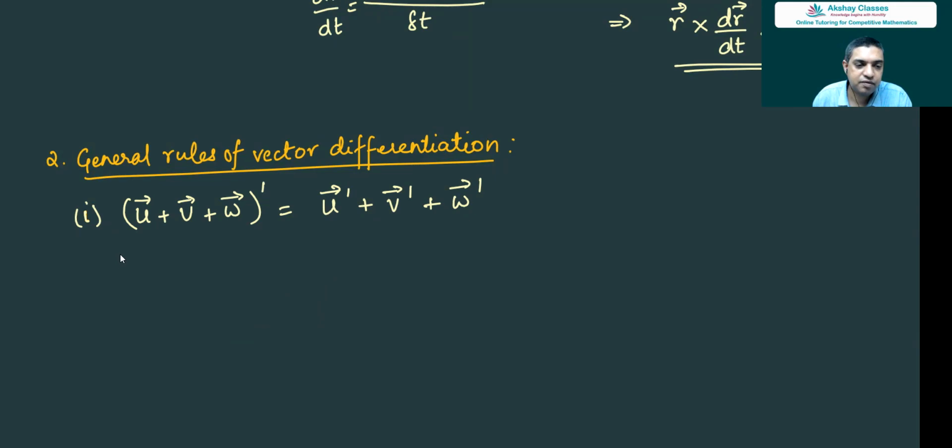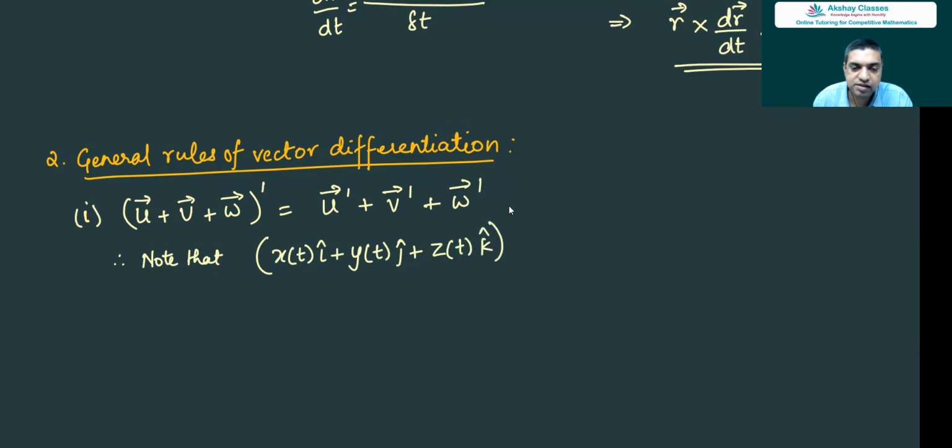Therefore, note that the derivative of x(t) i plus y(t) j plus z(t) k is the derivative of x times i plus the derivative of y times j plus the derivative of z times k.